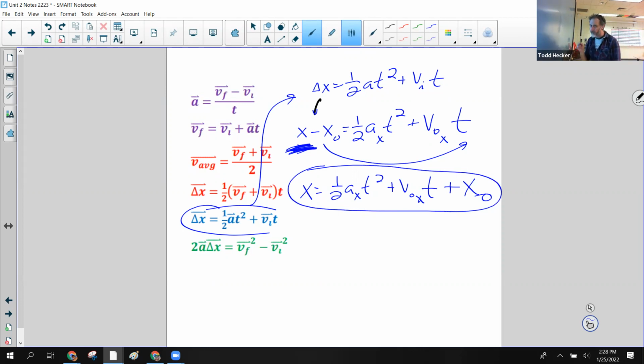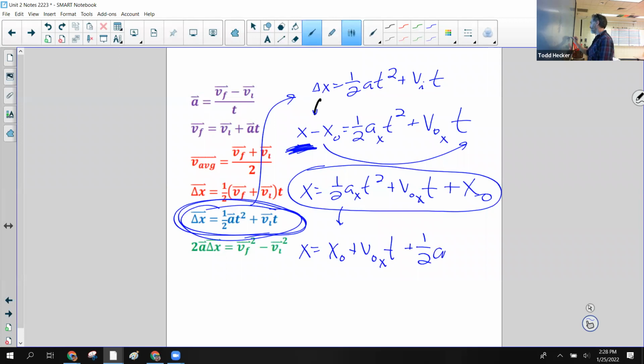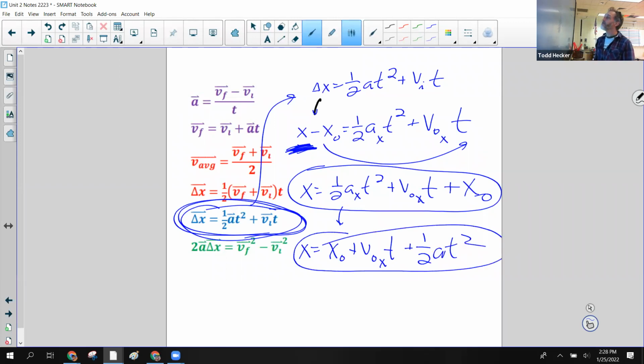There's one type of problem in specific where this is helpful. The rest of the time, this is your jam. I'm going to come back to this one in a minute. And actually, I think on the AP sheet, they reverse this so that it's x equals x naught plus initial velocity times t plus 1/2 a t squared.